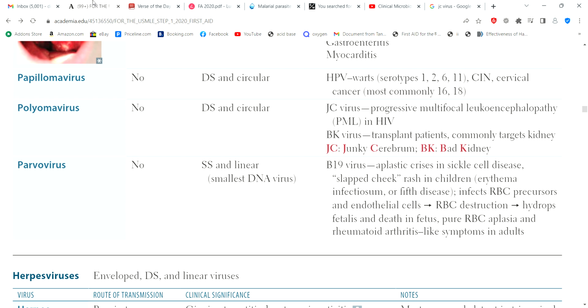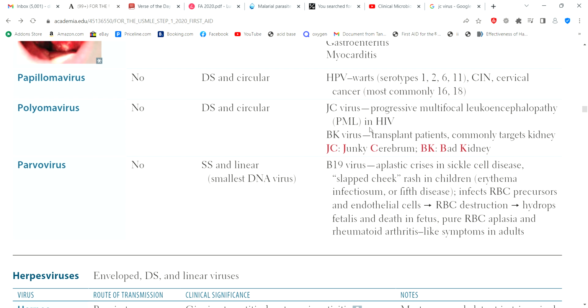They like to describe somebody that has a B19 virus and the slapped cheek rash in kids. Or they like to say a teacher was standing a long time, and standing a long time describes arthritis.